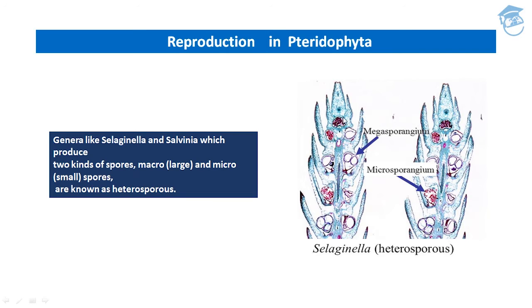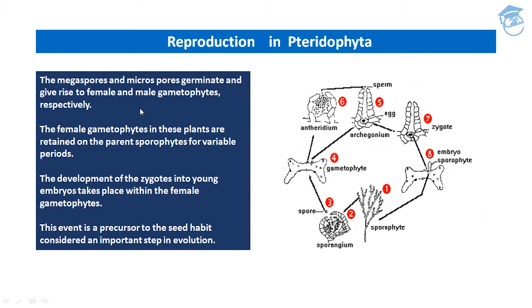Which two kinds of spores? Megaspores and microspores. The microspores are small spores, and the megaspores are larger spores. So they are called heterosporous. The megaspores and microspores germinate and give rise to female and male gametophytes respectively.